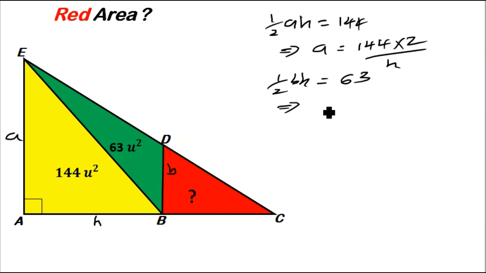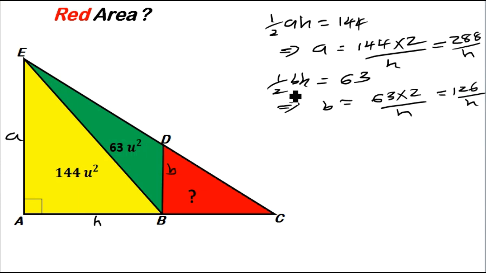That implies that if you make B the subject of the formula, B is going to be 63 times 2 over H. Now 144 times 2 is 288 over H, and 63 times 2 is 126 over H.